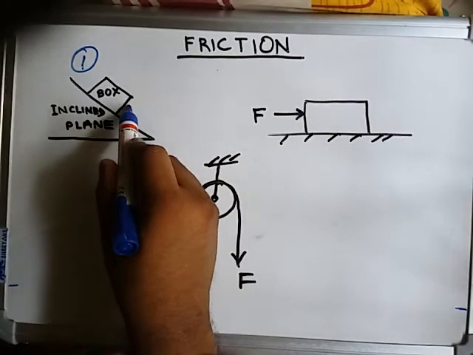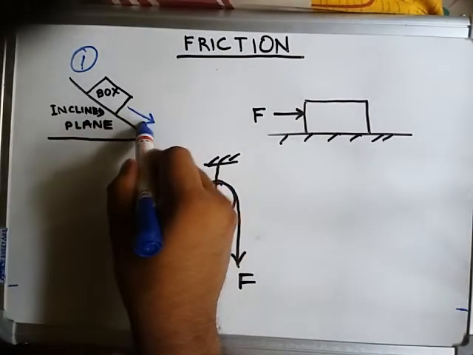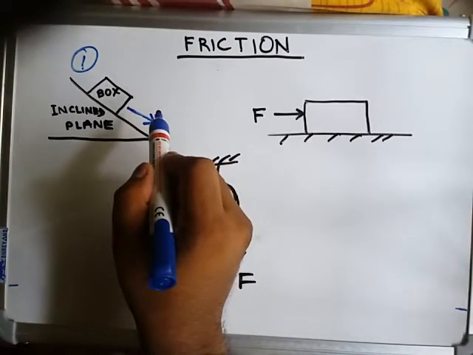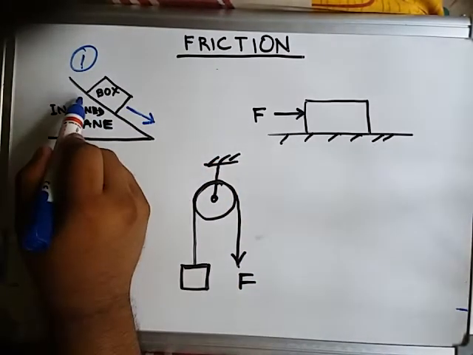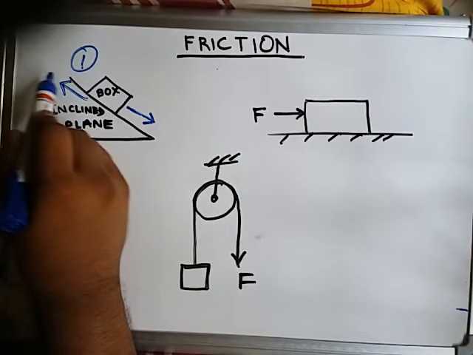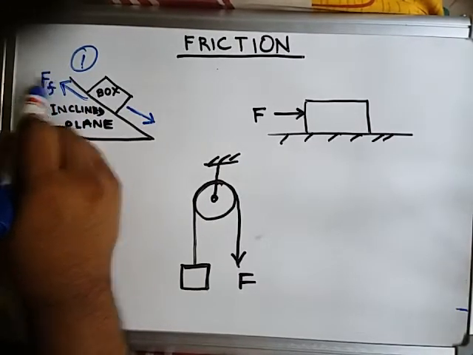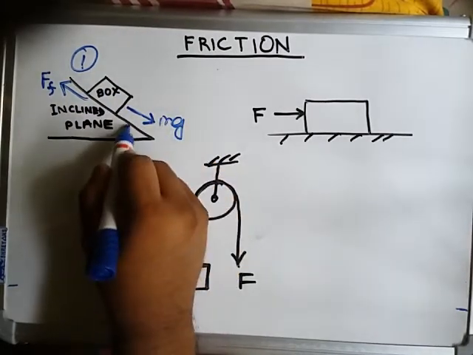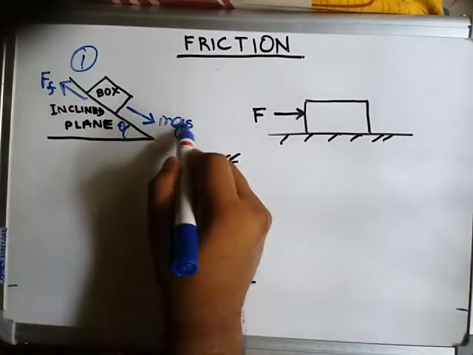The box has a tendency to move in the downward direction, as I have shown over here. So the friction that will act at this surface will be upward, F friction. And this is mg. If this angle is theta, then this is sine theta.